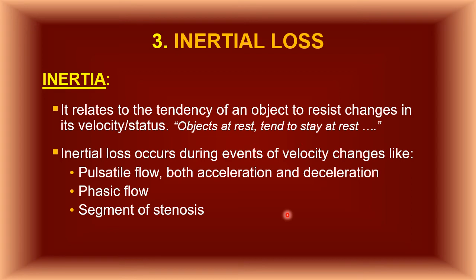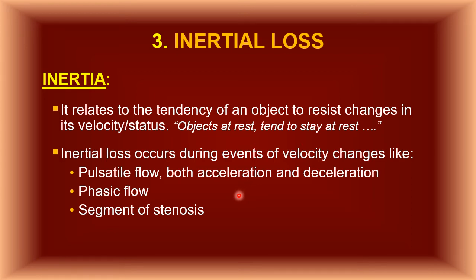Inertial loss occurs during events of velocity changes, like what? Pulsatile flow, for example, has both acceleration and deceleration, meaning the velocity increases and then decreases. This pulsatile flow is losing energy through inertia. Venous flow, the same story. The blood is moving faster returning to the heart, then slower, faster velocity and then lower velocity.